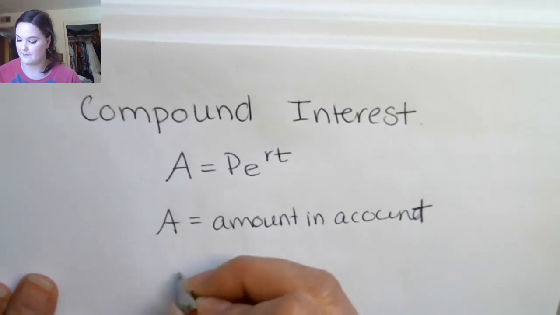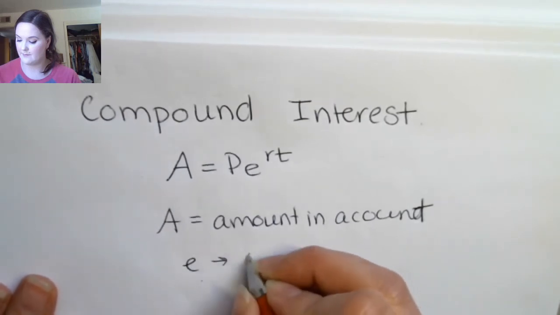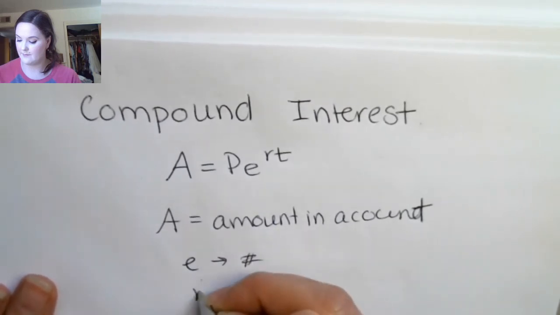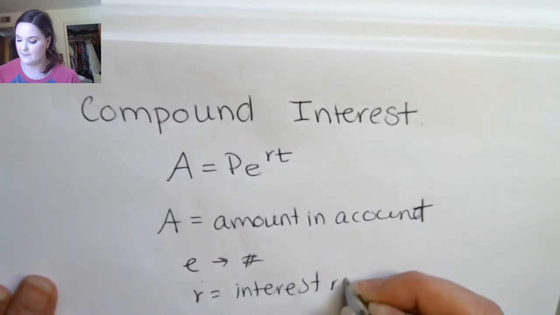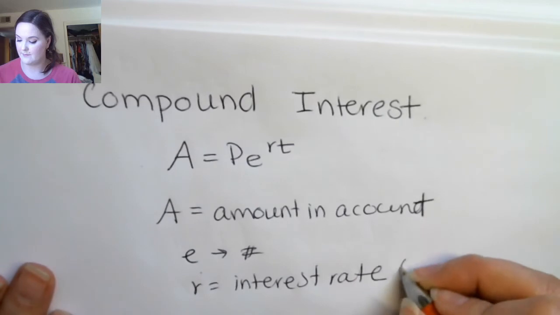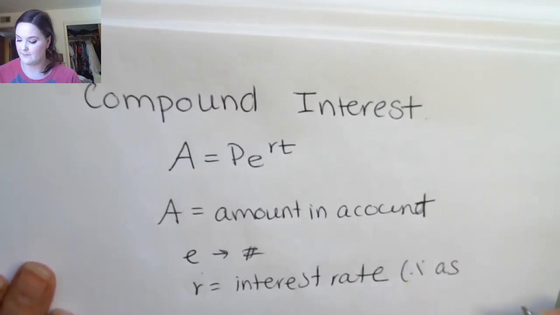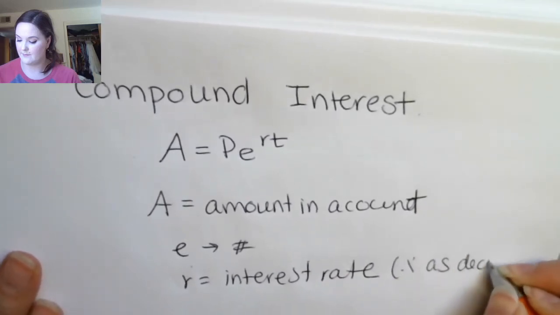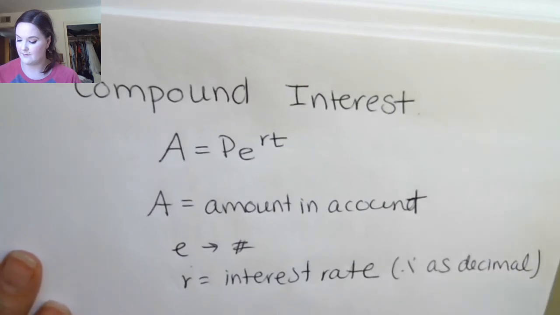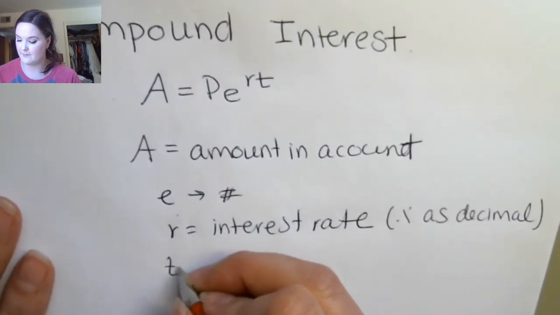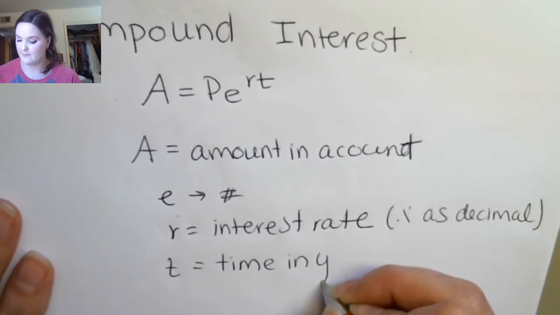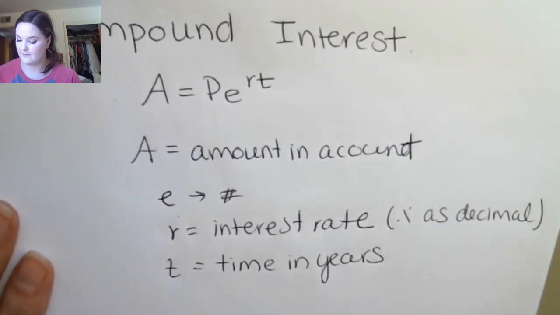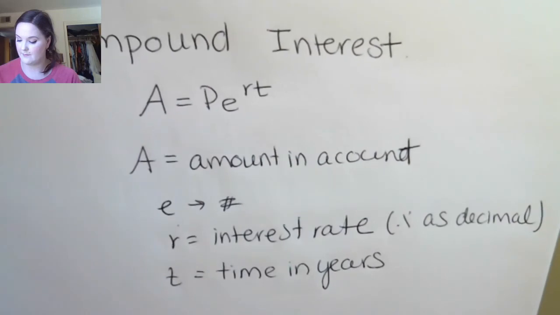E is just itself. R is the interest rate, which is a percent as a decimal. And T is the time in years. So let's look at an example of how you might use this.